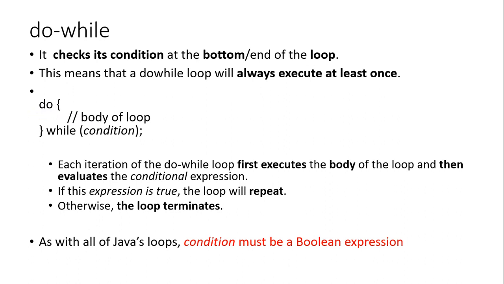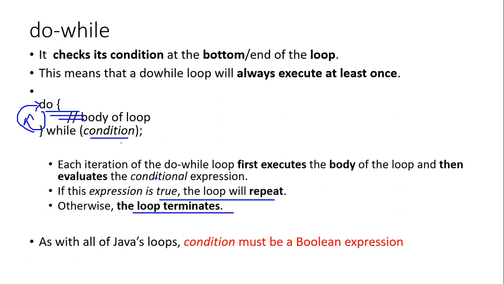So how does this particular looping structure work? In the do while loop, the control enters the body of the loop and executes the body at least once. If the expression is true, the loop will be repeated, and this process will continue as long as the condition holds. When the condition becomes false, the loop terminates.